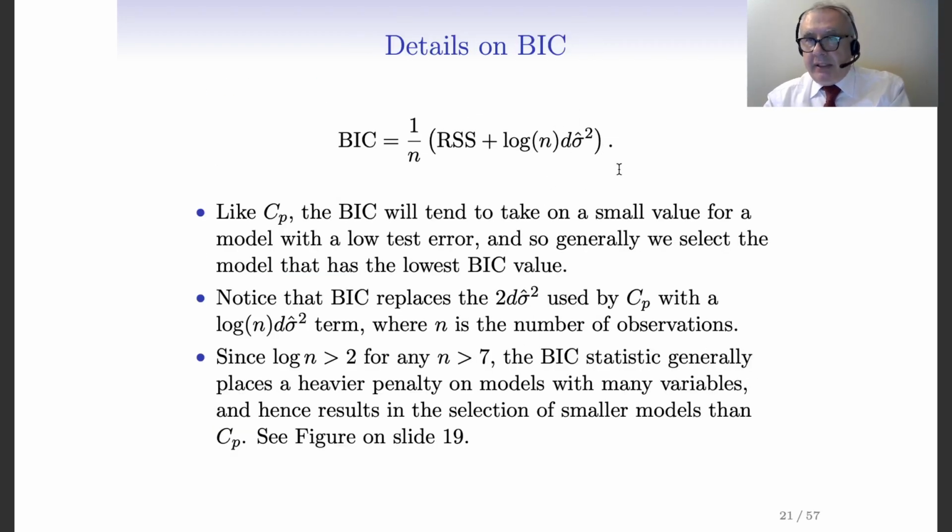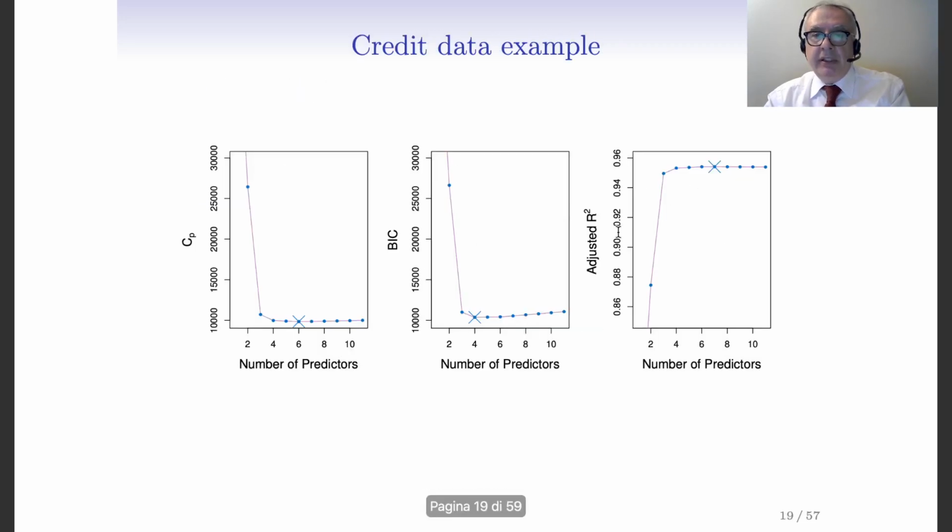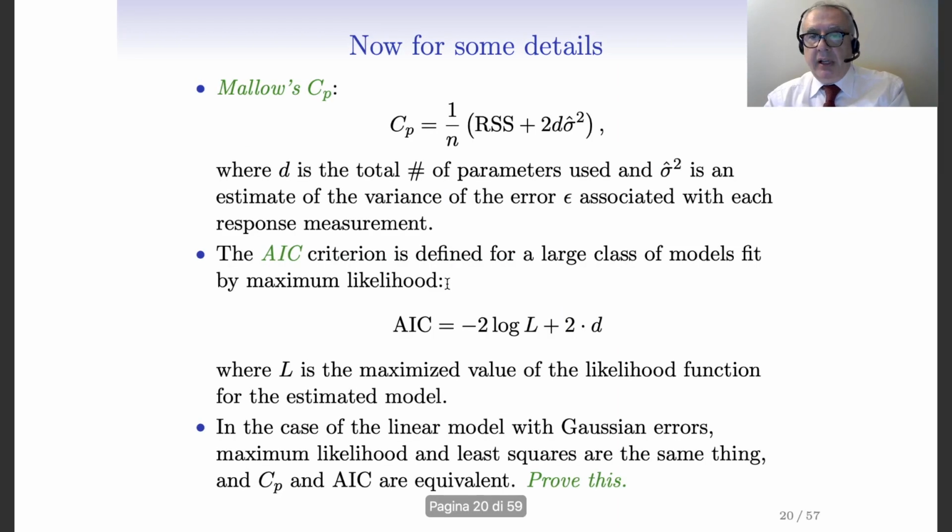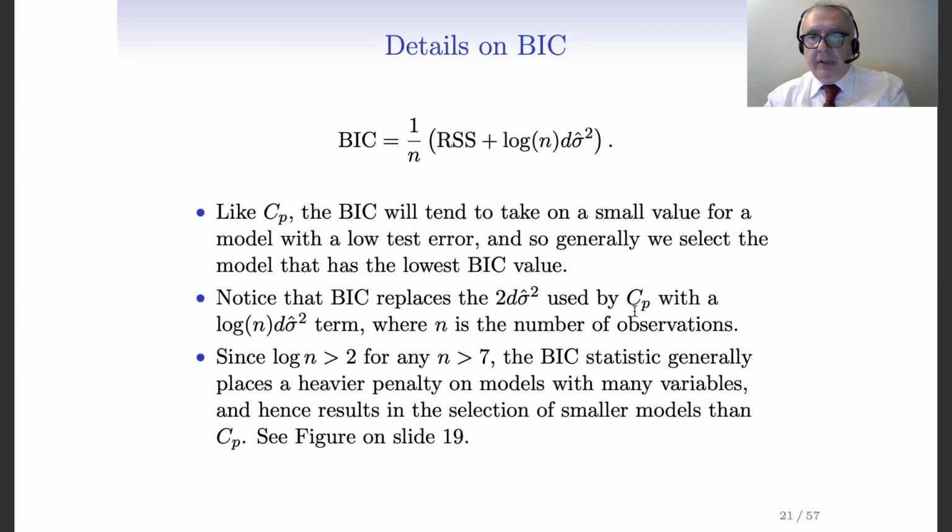Therefore, the penalty on the complexity of the model is heavier, and as a result, BIC is going to select more parsimonious models, so models with fewer parameters, and this is something that you can appreciate in this figure. As a matter of fact, if you compare Cp and BIC, you can see that BIC suggests 4 predictors and Cp suggests 6. So this confirms our observation.